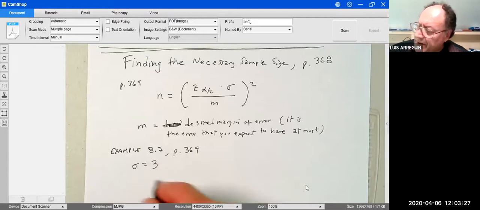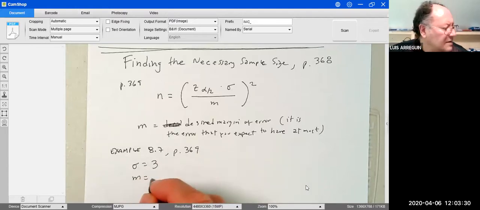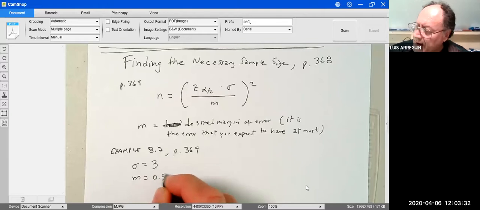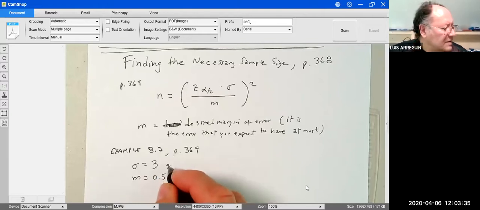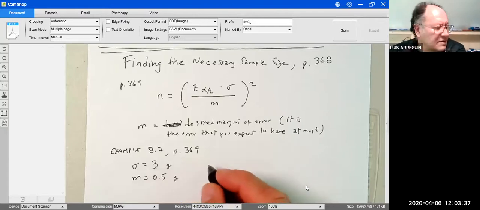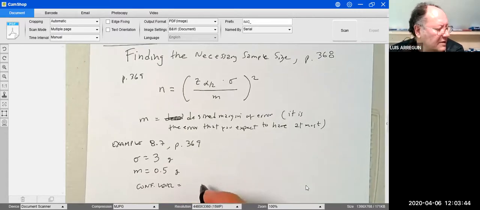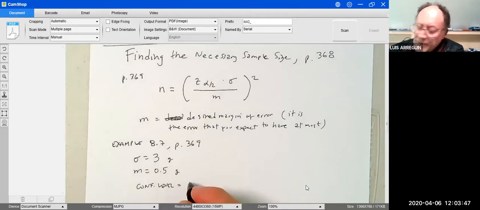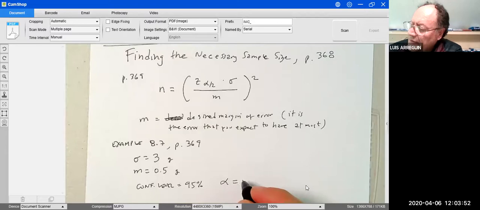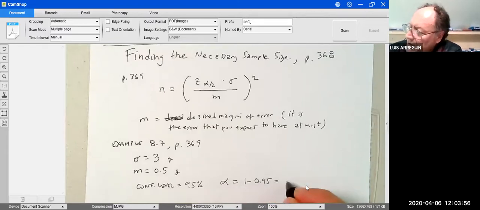The margin of error, M, is just 0.5 grams. And then we have the confidence level that we are expecting to have in our confidence interval is 95%. So from here you can compute alpha. Alpha is just going to be 1 minus 0.95. So alpha is going to be 0.05. So that's the value for alpha.